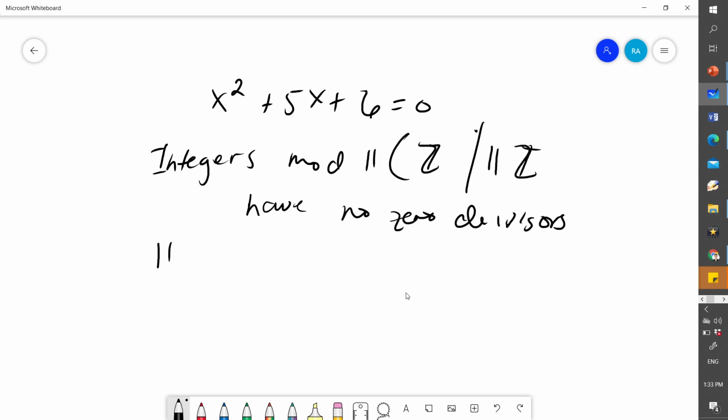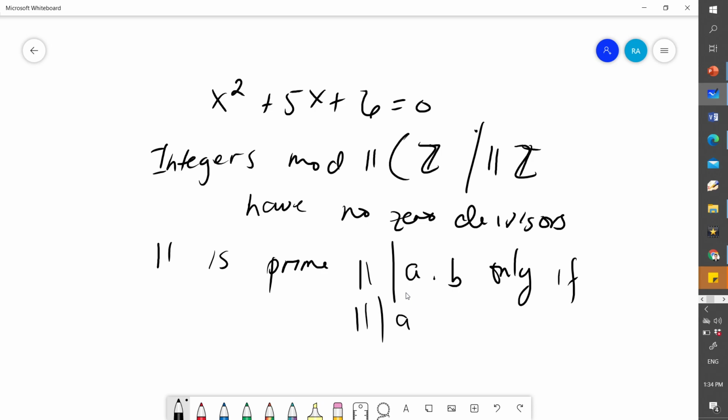This is because 11 is a prime number. So the only way that the product of two numbers is a multiple of 11 is that, again, I can write it as 11 divides a times b only if 11 divides a or 11 divides b.